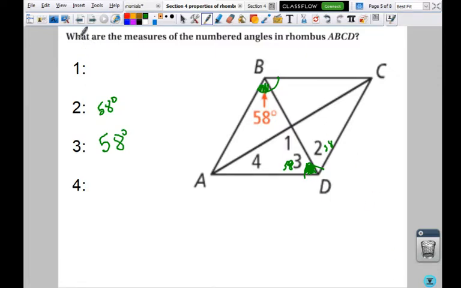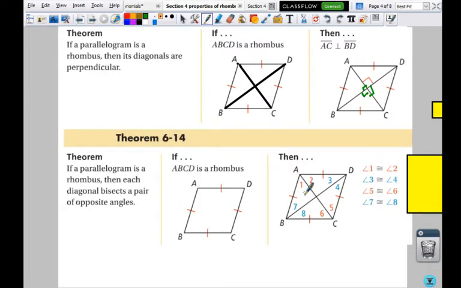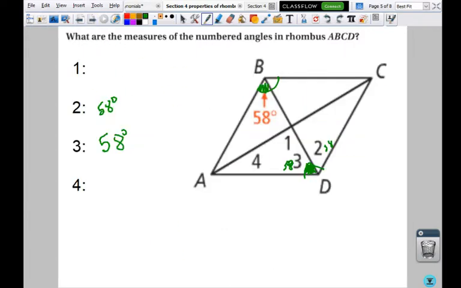All right, let's go back to our notes. We say diagonals cut corners in half, bisect them. Correct. And its diagonals are perpendicular, which means they make what kind of angles? Right angles, 90-degree angles, same thing. So angle 1, it's right here. It is 90 degrees.